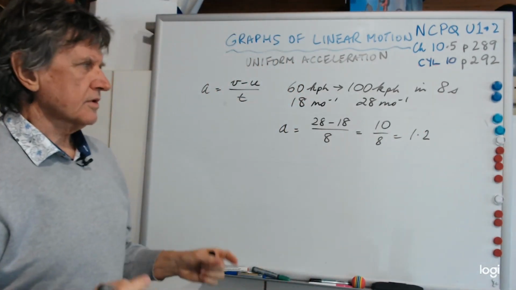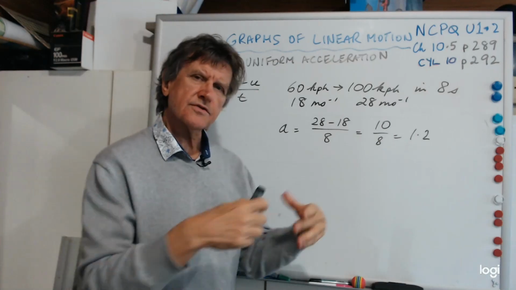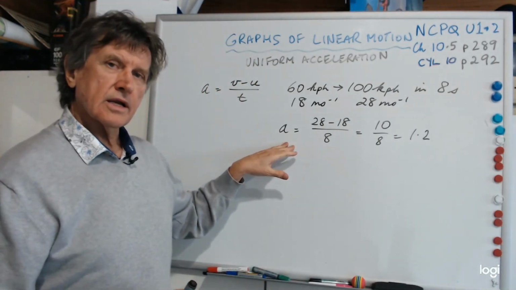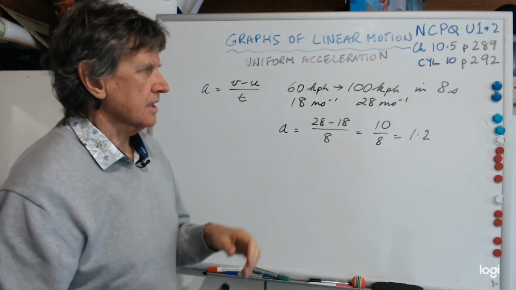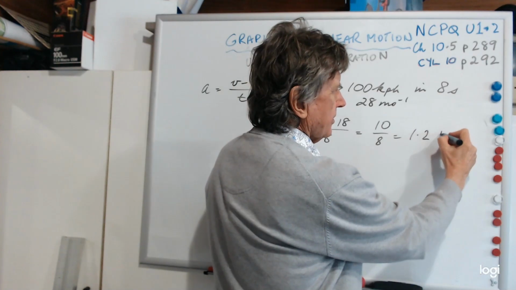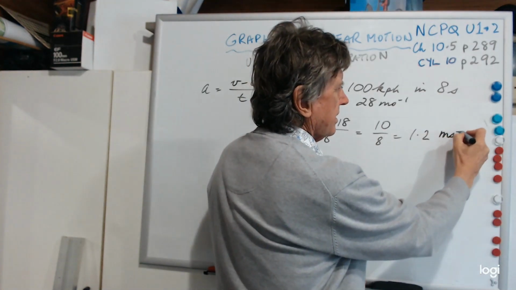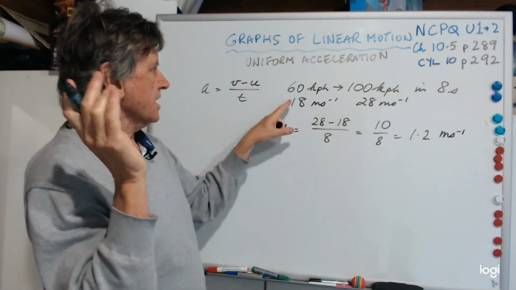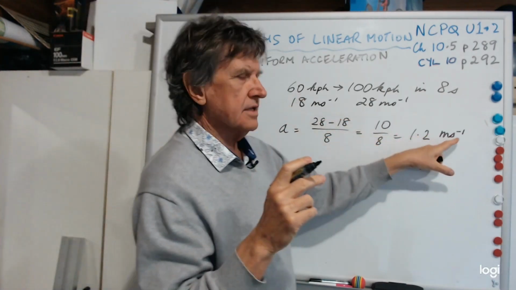Now the units, we've got to be careful with these units, and students from grade 10, when they first meet the way we write it for grade 11, get a bit tangled up. Hopefully by now you're okay that meters per second is ms to the negative 1.